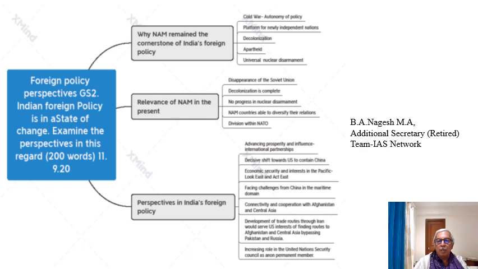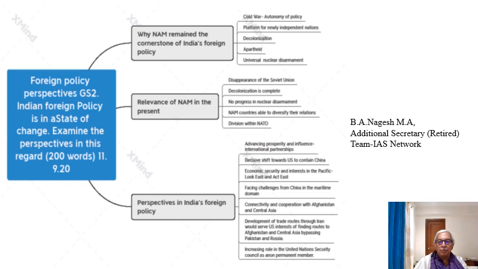Apartheid and the policy of racial discrimination in South Africa also led to the African countries adopting non-alignment as part of their foreign policy. Universal nuclear disarmament, which is on the agenda of NAM, found support in many countries. Due to these reasons, non-alignment remained the cornerstone of India's foreign policy.